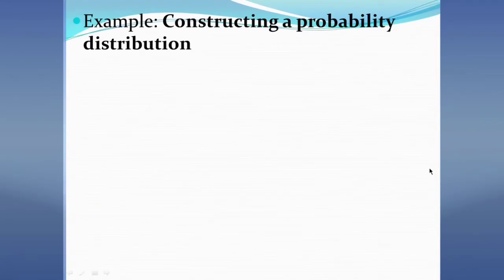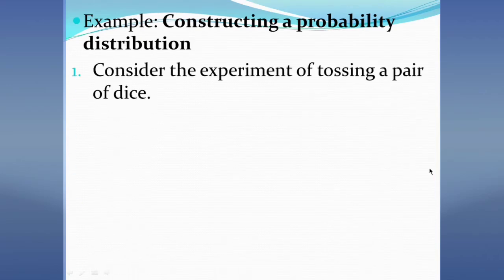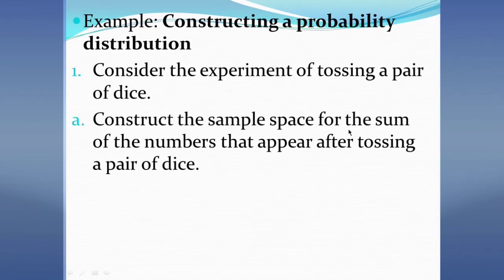Okay, so let's proceed to the following examples. Example number 1, constructing a probability distribution. In here, we're going to use a table, formula, notation, whatsoever. It depends. First, consider the experiment of tossing a pair of dice. Letter A, construct the sample space for the sum of the numbers that appear after tossing a pair of dice.